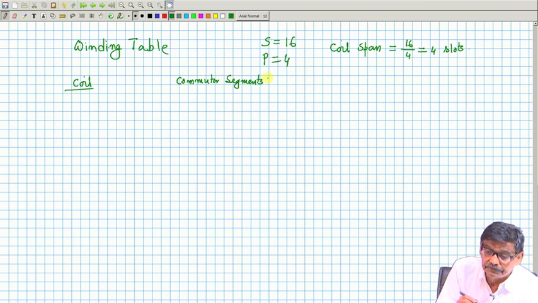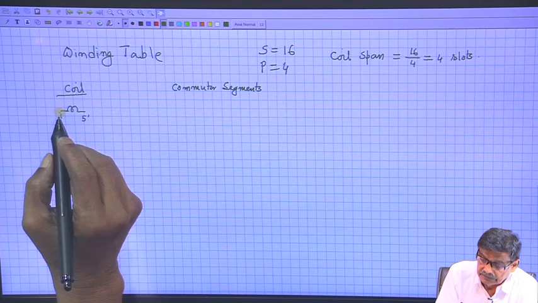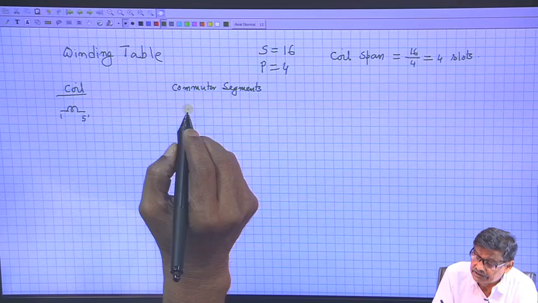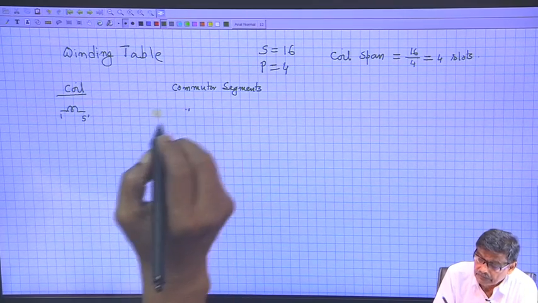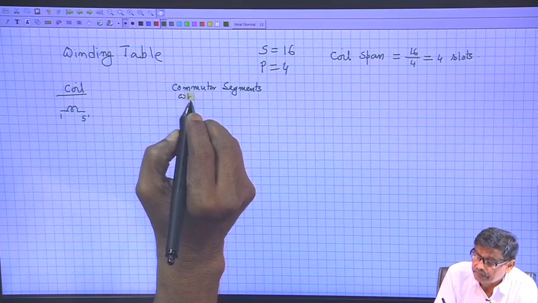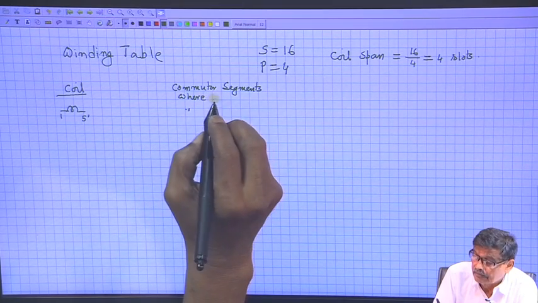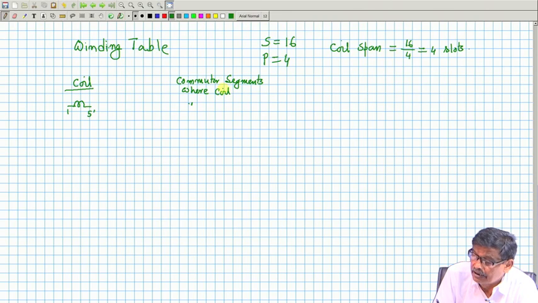Let me try to explain to you. Suppose this is first coil, 1 5 dashed. This one I will connect to commutator segment 1, where coil ends are terminated.